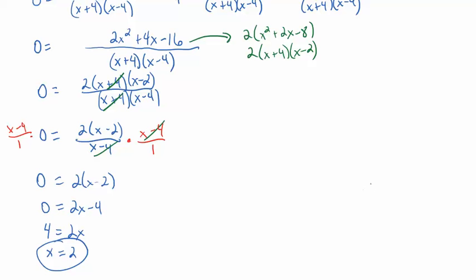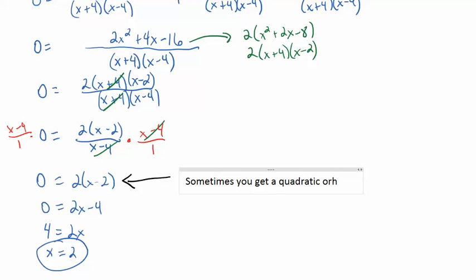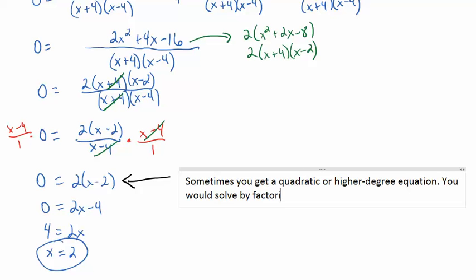Okay? Now, sometimes once the fraction is gone, you get a quadratic or higher degree equation. You would solve that by factoring, like we've done before, where we solved higher degree equations.